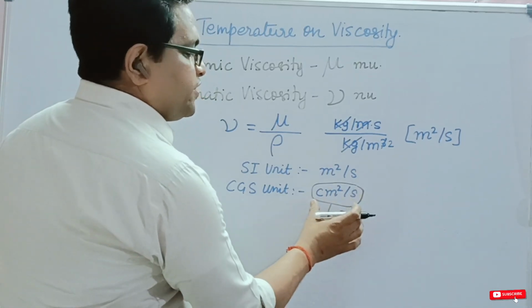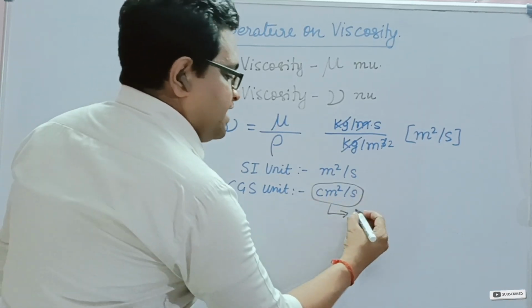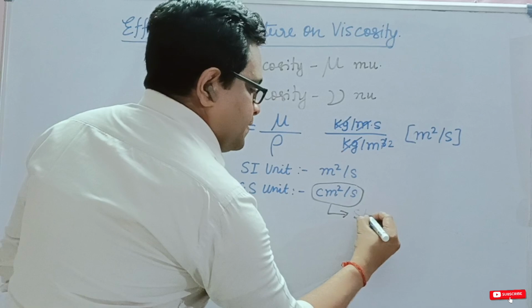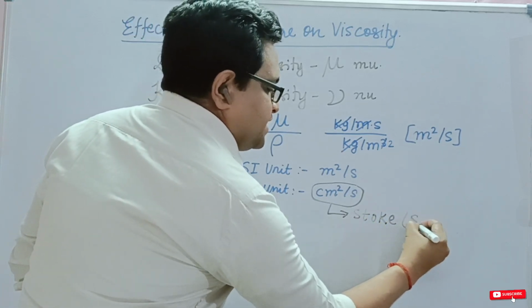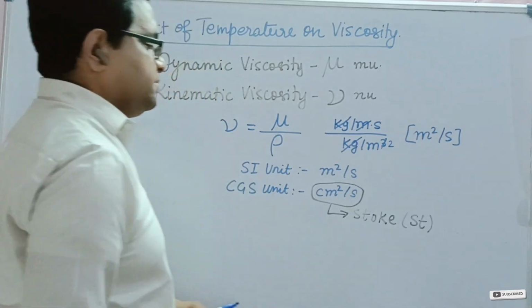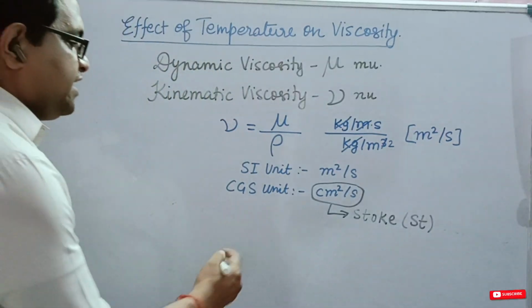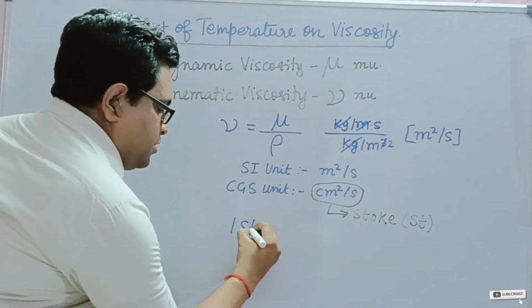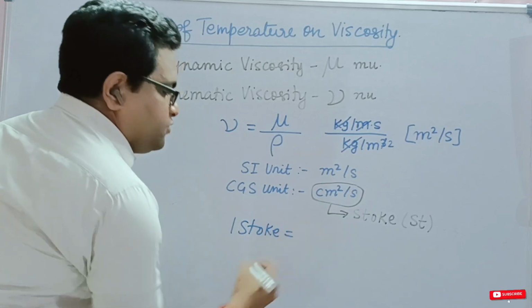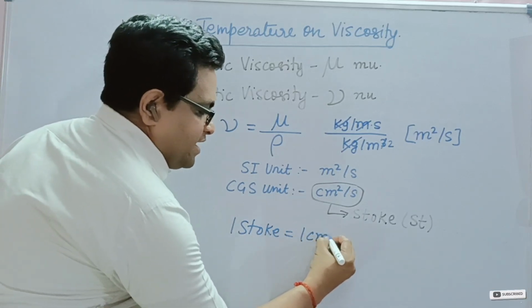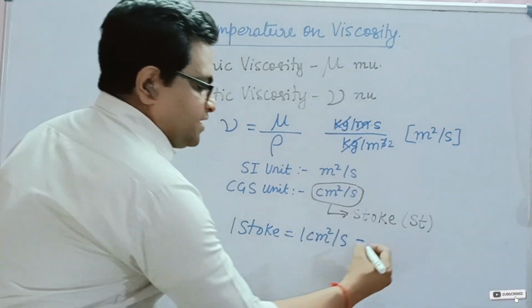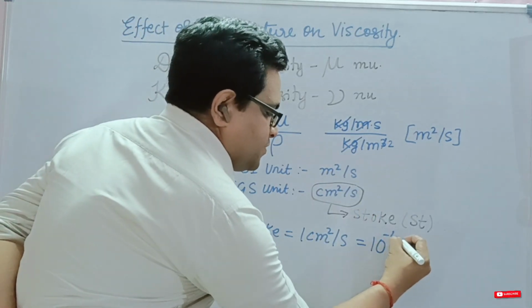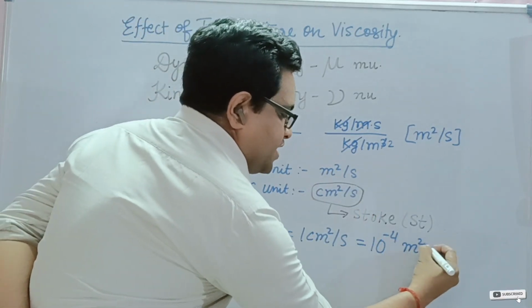So we call centimeter square per second a Stokes, represented as ST. So 1 Stokes is equal to 1 centimeter square per second, or in terms of meter square per second we can write it as 10 raised to the power minus 4 meter square per second.